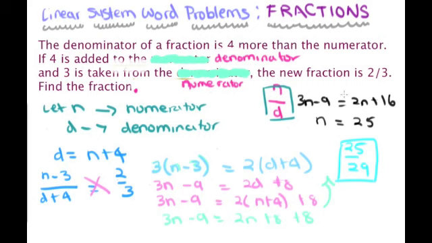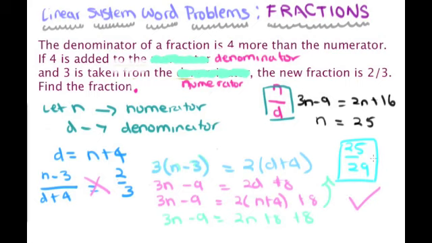Is the denominator 4 more than the numerator? 25 plus 4 is 29. Let's add 4 to the denominator, so we get 33. And we subtract 3 from the numerator, we get 22. 22 over 33 is 2/3. So we know that this is correct. So this is our answer, 25 over 29.